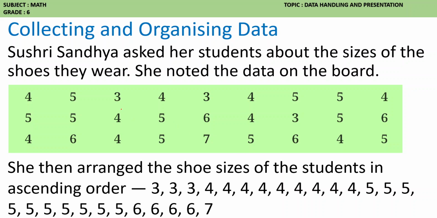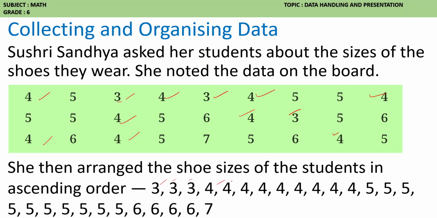So, starting from 3. 3 how many times? 1, 2, 3 times. So 3 is repeated 3 times. The next number after 3 is 4. 1, 2, 3, 4, 5, 6, 7, 8, 9.